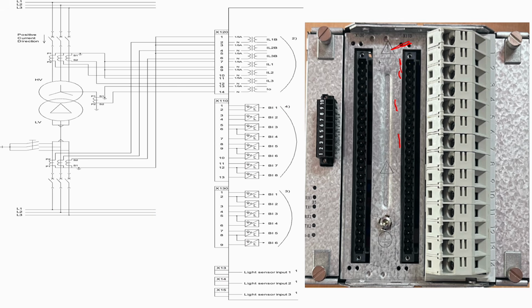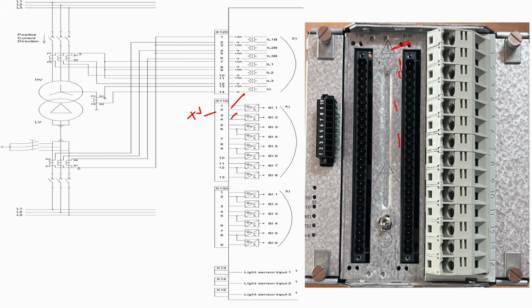So here one thing you have to understand: for a binary input you need positive and negative, and we will always connect negative directly. In some cases here in binary input you will get an independent BI, like here 1 and 2 are independent, there are no other connections.